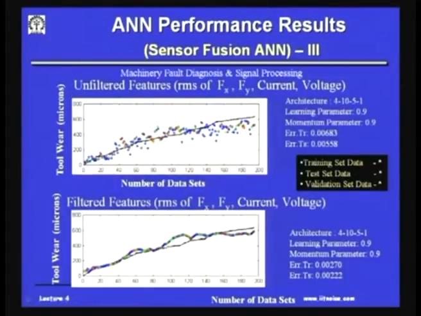Again, we did the sensor fusion, in the sense of not relying on just Fx, Fy or current, but taking all of them together, and then estimating the tool wear for the different cases. Different parameters have been used, and then we could do a better estimation of the model.